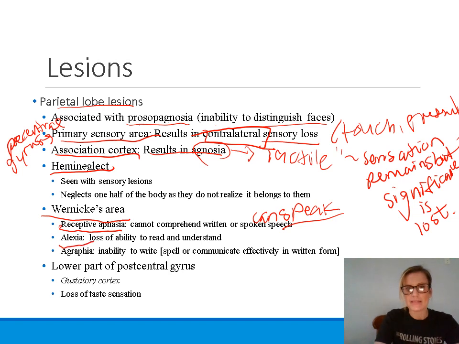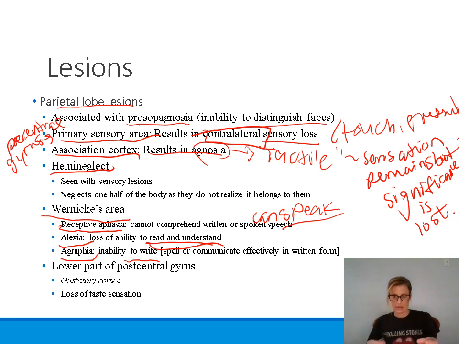Alexia is the inability to read and understand. Agraphia is the inability to write. So like alexia, inability to read and understand, you can still see. So you can look at a page and you can see that there's stuff on it. You even know that that's writing on a page, but you can't read it.